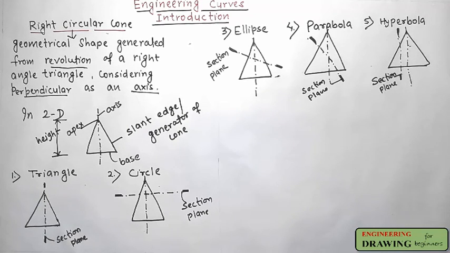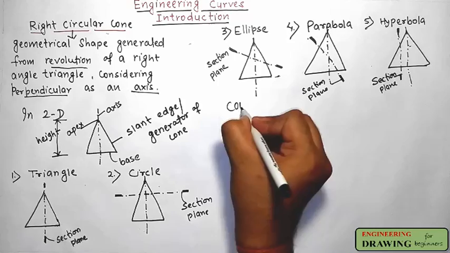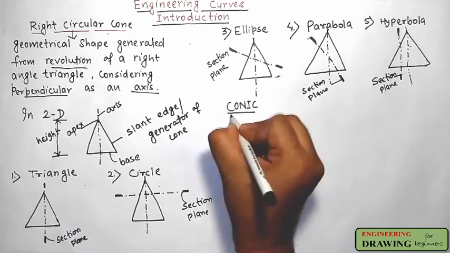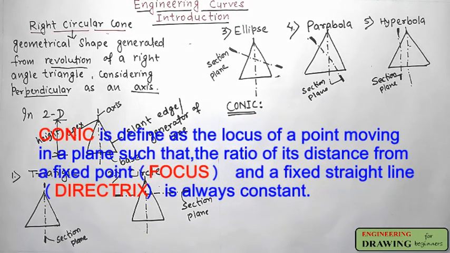Now I will discuss the concept of conic. A conic is defined as the locus of a point moving in a plane such that the ratio of its distance from a fixed point and a fixed straight line is always constant.